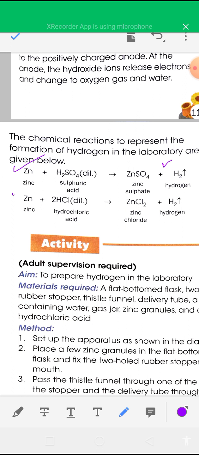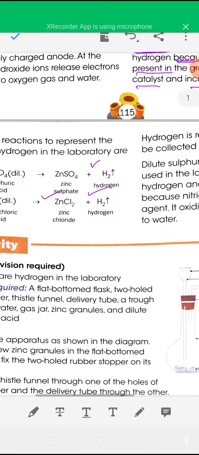Zn plus 2HCl gives ZnCl2 and H2. So for the preparation of hydrogen in the laboratory, zinc granules are treated with dilute sulfuric acid.